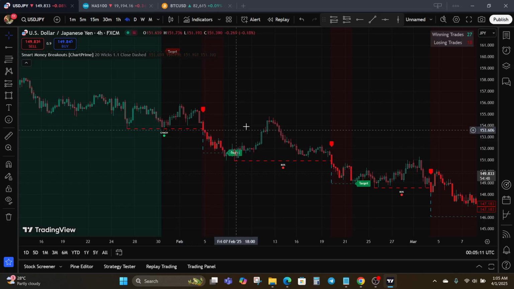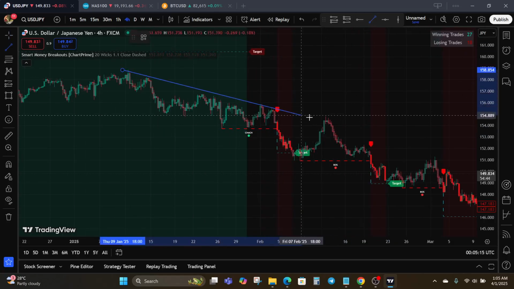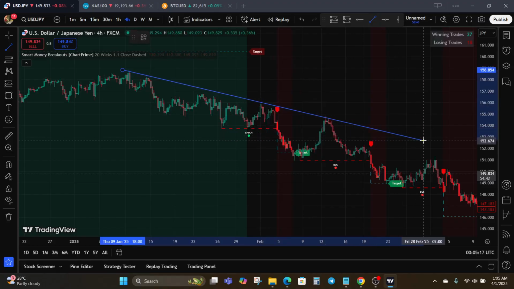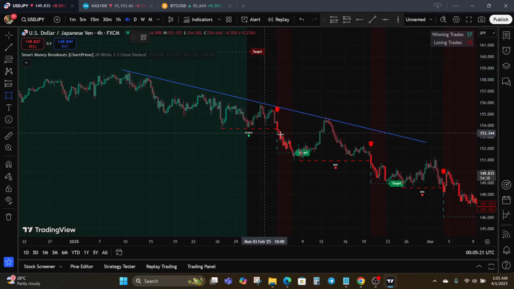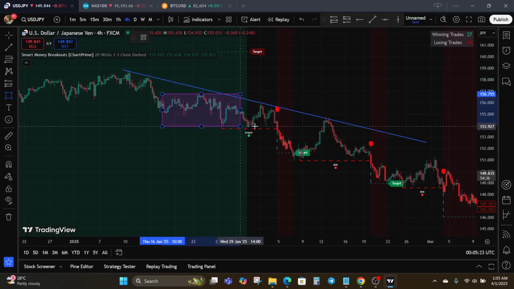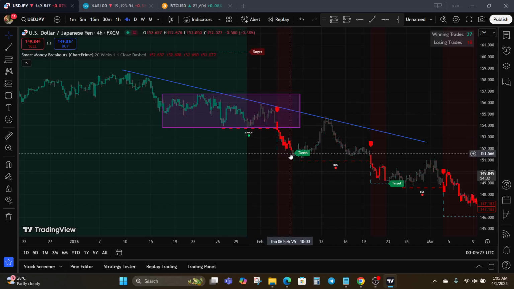This was an opportunity to sell because the trend was already bearish, right? So this was just more like a confirmation, a continuation after this consolidation that took place. So this would have been a great place to enter a sell.